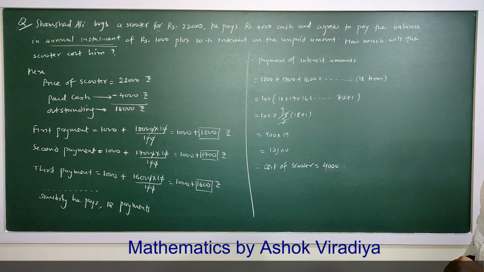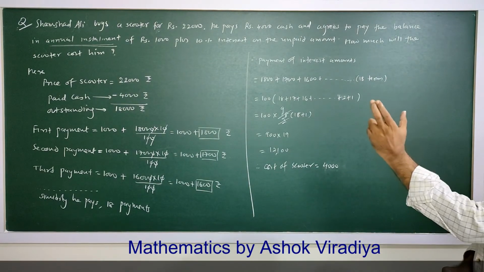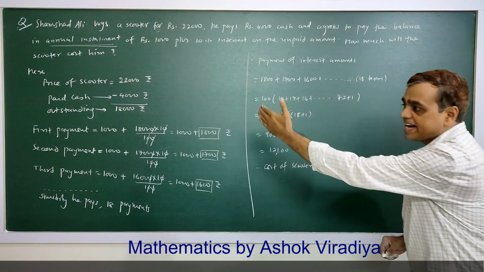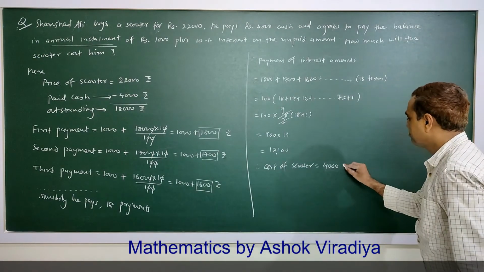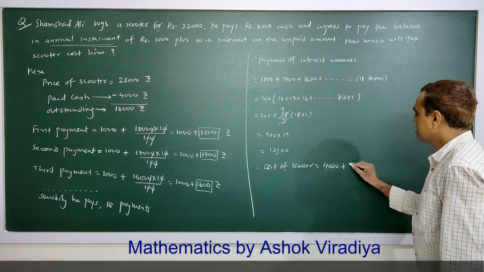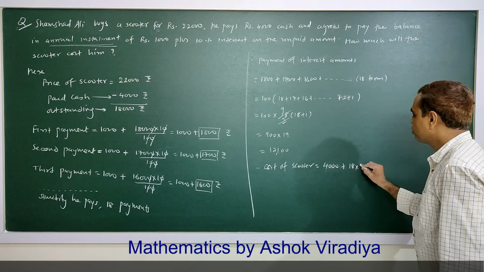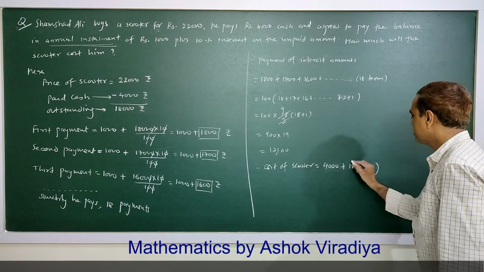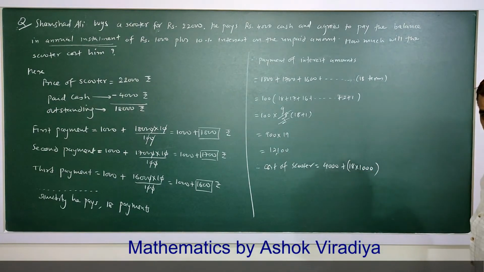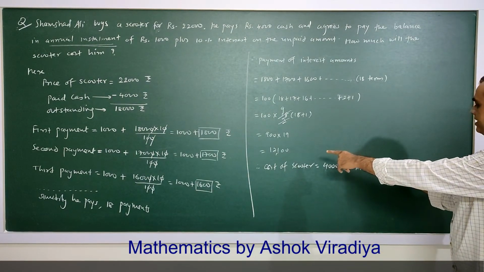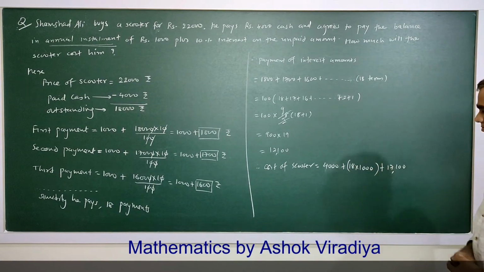And then the outstanding 18,000 in 18 installments, that is plus 18 times 1000 in 18 installments, plus total interest is 17,100.